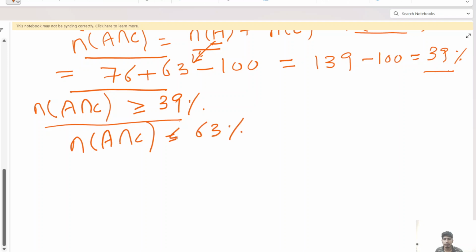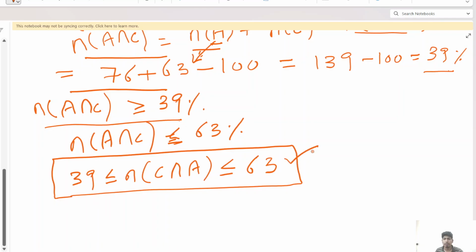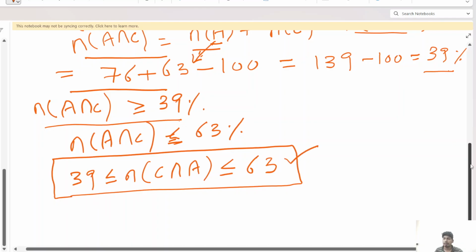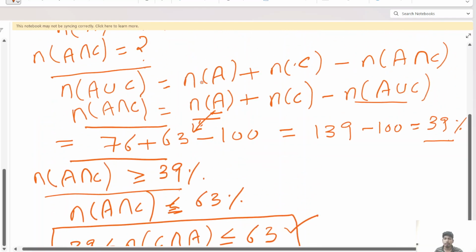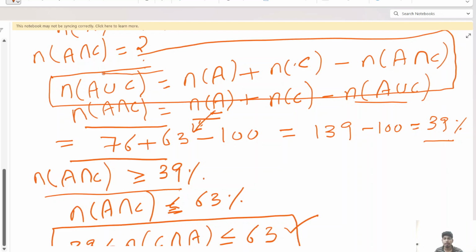So the number of Americans who like both cheese and apples is greater than or equal to 39% and less than or equal to 63%. This is our answer. We only use this formula.